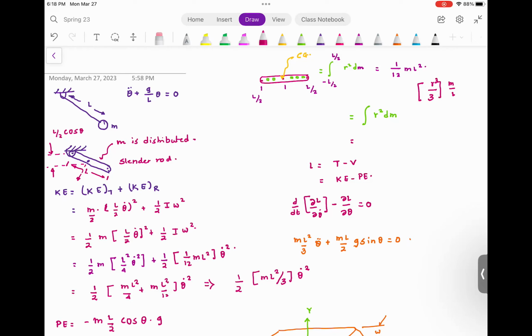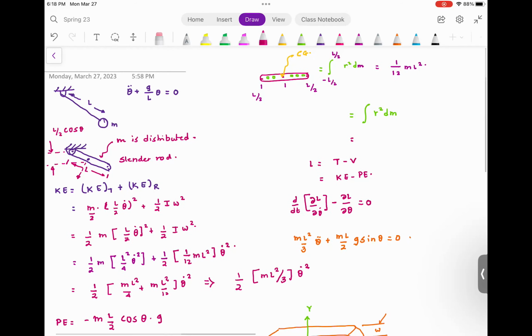Yeah, I haven't derived it over here. Okay. Since you asked, this is dm, so it's going to be L square by 4 minus L square by 4, and this becomes m.